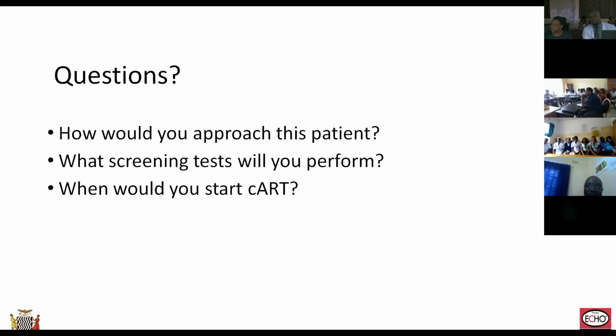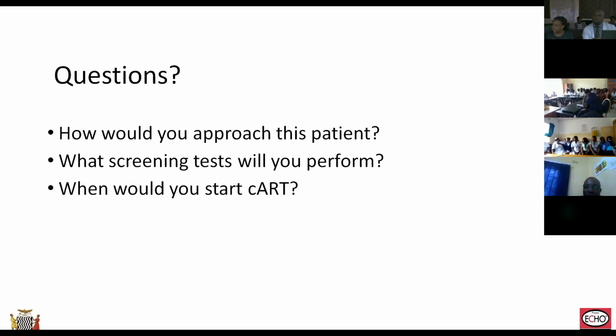To me, it's a very straightforward case because, one, this person is not married, and we have seen that the CD4 is very low, and already it's suggestive of pulmonary tuberculosis. So for me, the screening test would be to order sputum for AFB, just to rule out TB, and also to do a chest X-ray.